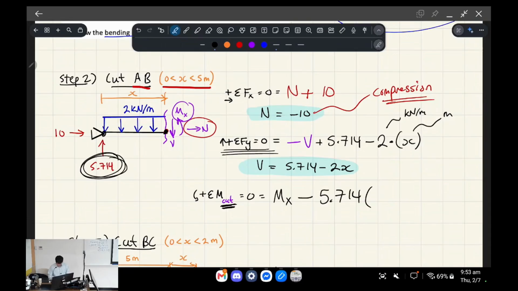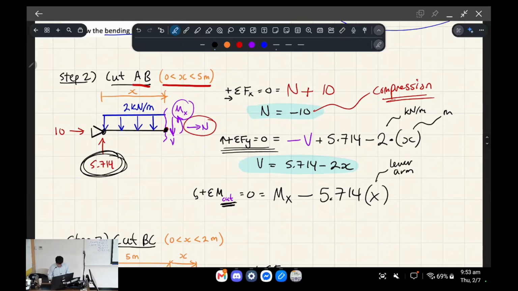Now, the next thing we have to do is we're going to multiply by the lever arm. Okay, so we know that's the magnitude of our force, right? We're looking at this arrow. We have to work out this distance, the lever arm, to the cut. Okay, and then that lever arm, we're going to realize, is going to be x, our variable distance. So the lever arm is going to increase as we walk along the beam. So that has to be x as the lever arm.